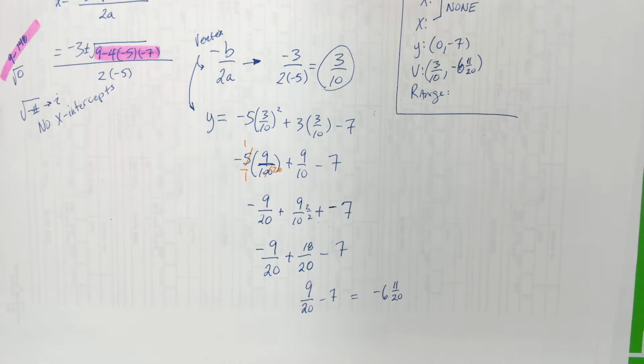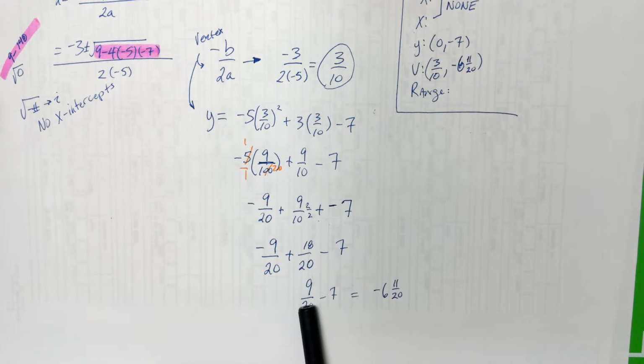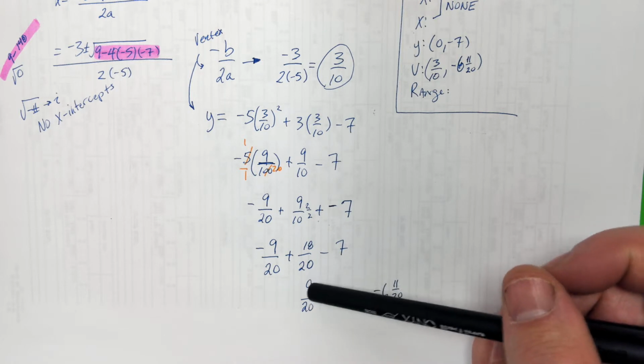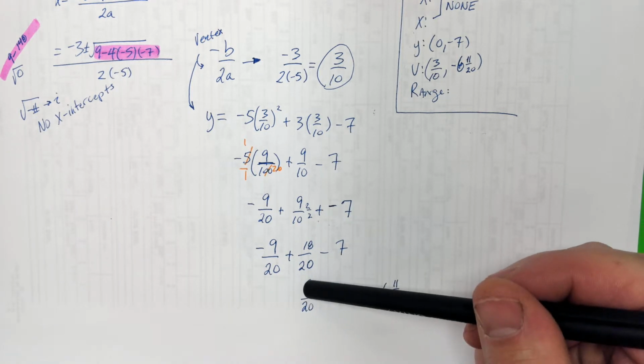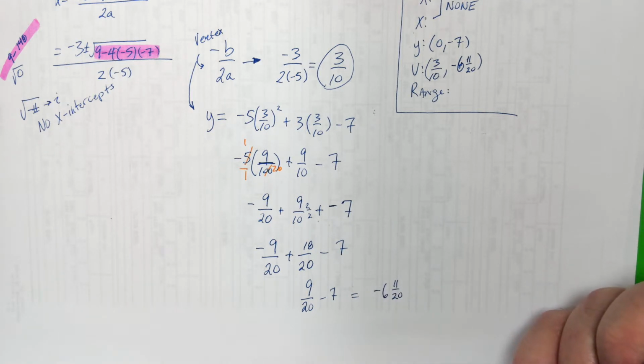You're just subtracting 9 from 18, right? Yeah, that's how I got that. Because 9 minus 18 is positive 9, and then the 20 stays the same. So then 9 out of 20 minus 7 is, yeah.